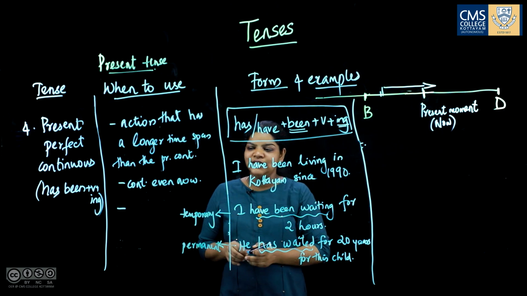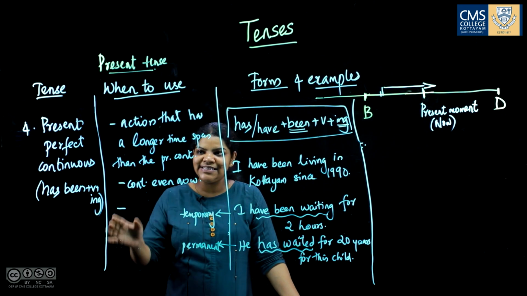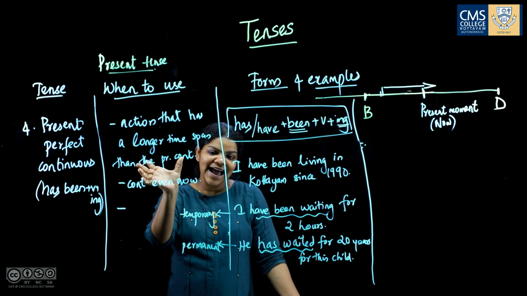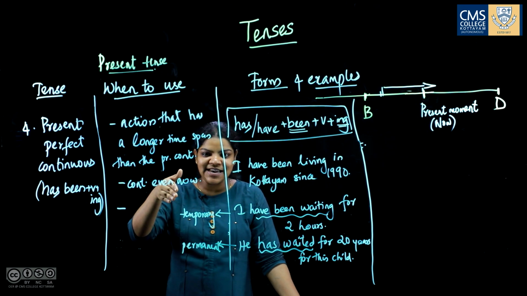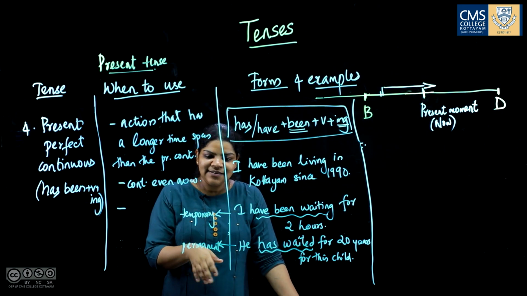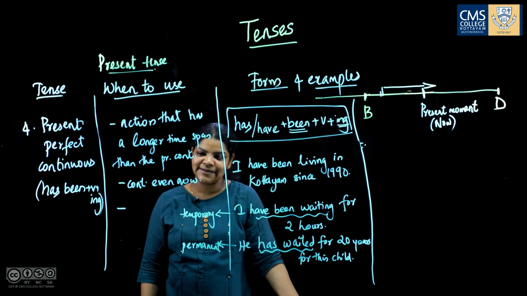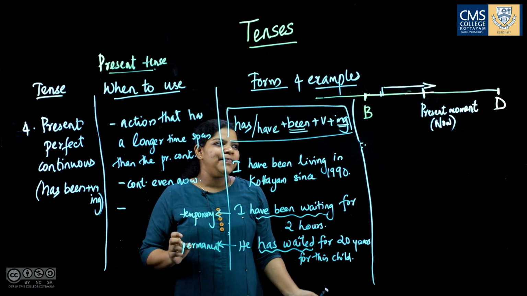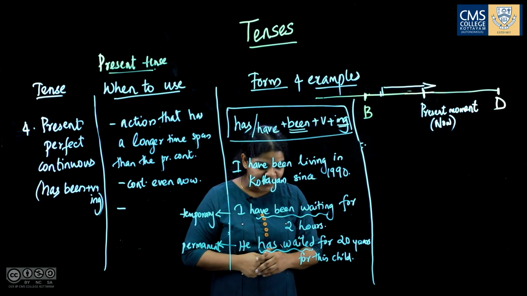So the thing you need to remember when we look at present perfect continuous tense is that it has a longer time span than the present continuous tense, and it is less permanent than a present perfect tense. So that is the basic function of present perfect continuous tense.